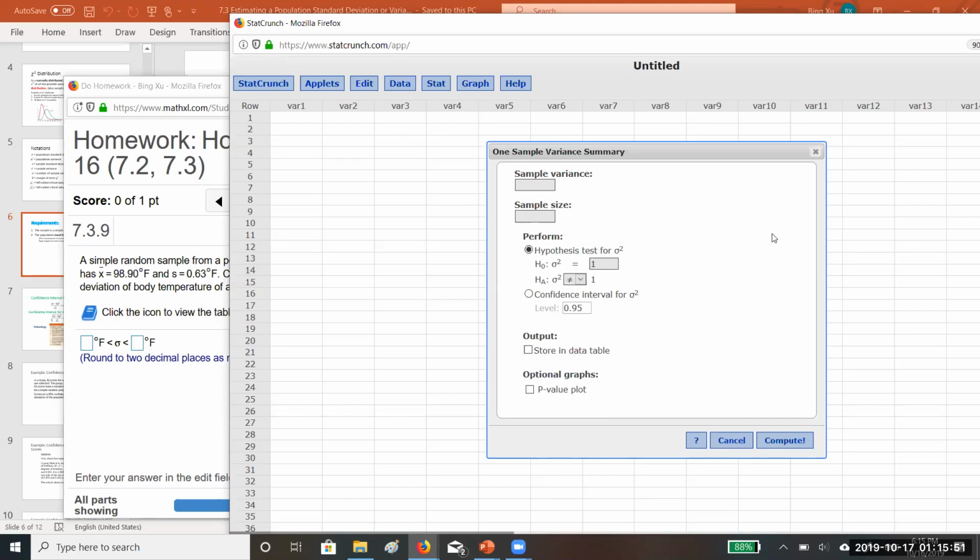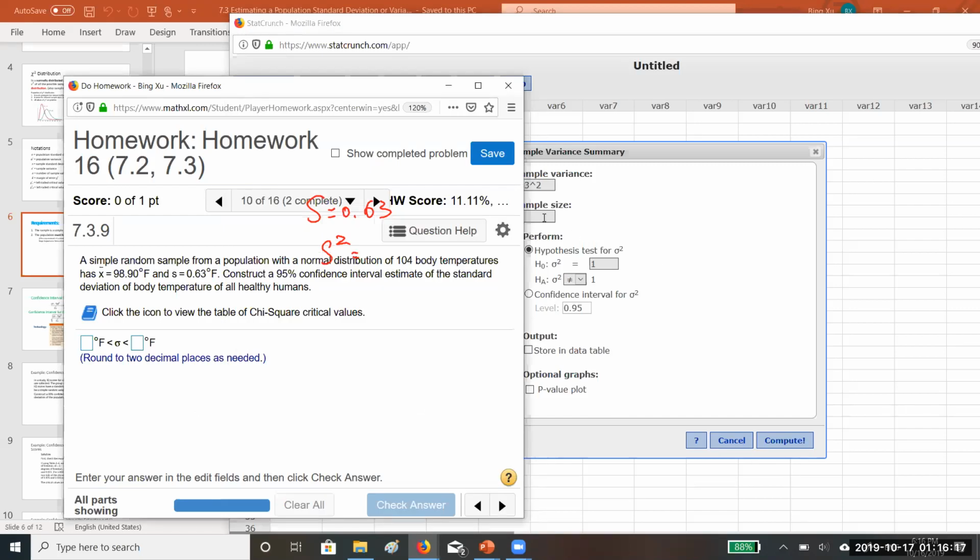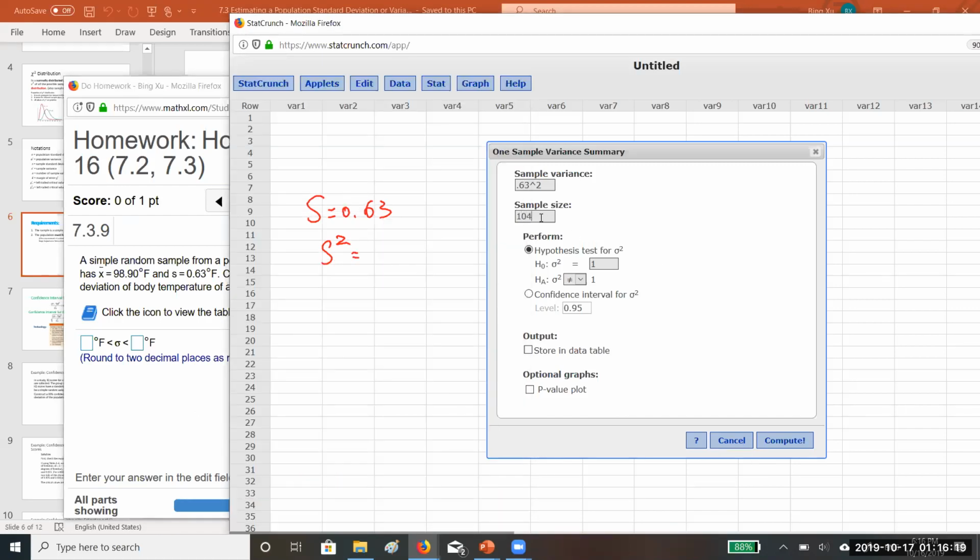So S is 0.63, and S squared is 0.63 squared. I think they do the calculation here. Then that'll give it to you. And sample size is 104 for this problem.